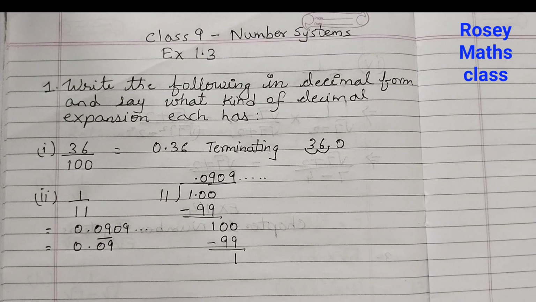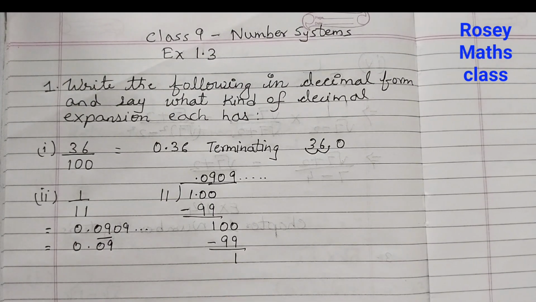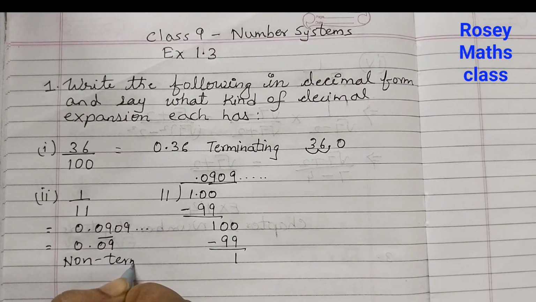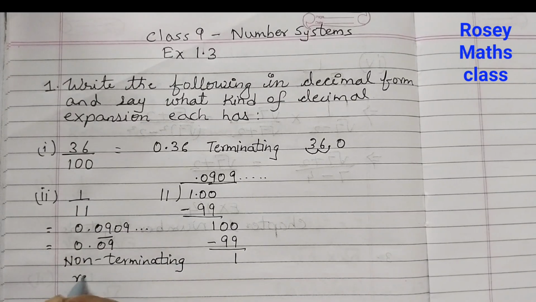So this is non-terminating because the remainder is not 0. It's going to repeat itself, so it's non-terminating recurring because it's repeating.